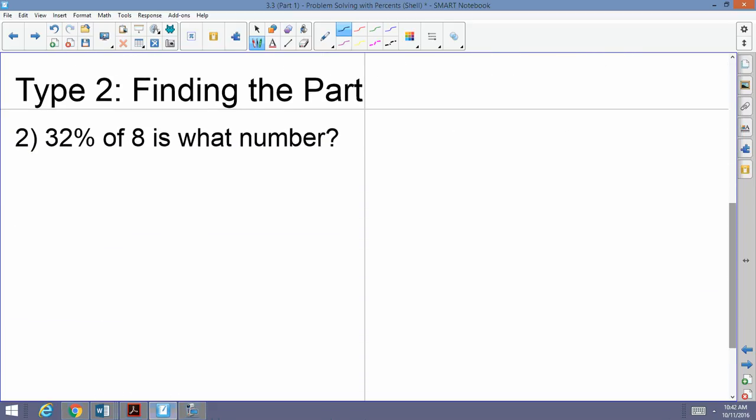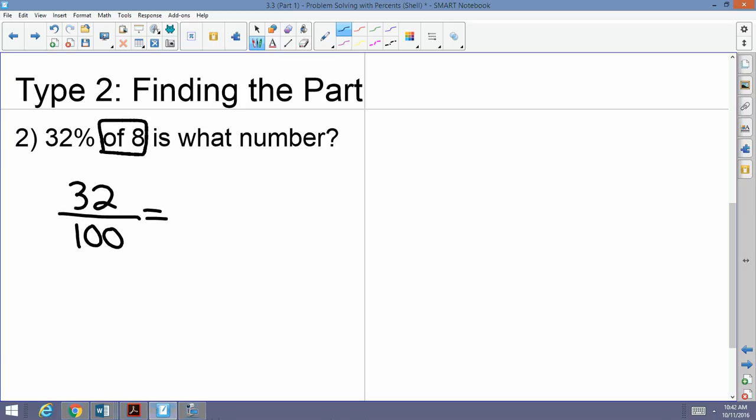Next, finding the part. 32% of 8 is what number? Okay, go ahead. 32 over 100, right? Because it's 32 over 100 equals, no, is over of. So it's 32% of 8.